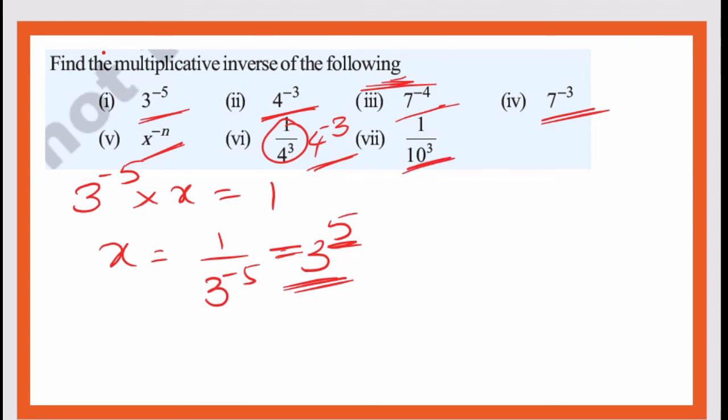Again, 1 by 10 power 3 is 10 power minus 3, and its multiplicative inverse is 10 power 3. So these things you need to understand, right? Whenever you have power minus 5, its multiplicative inverse is power plus 5.